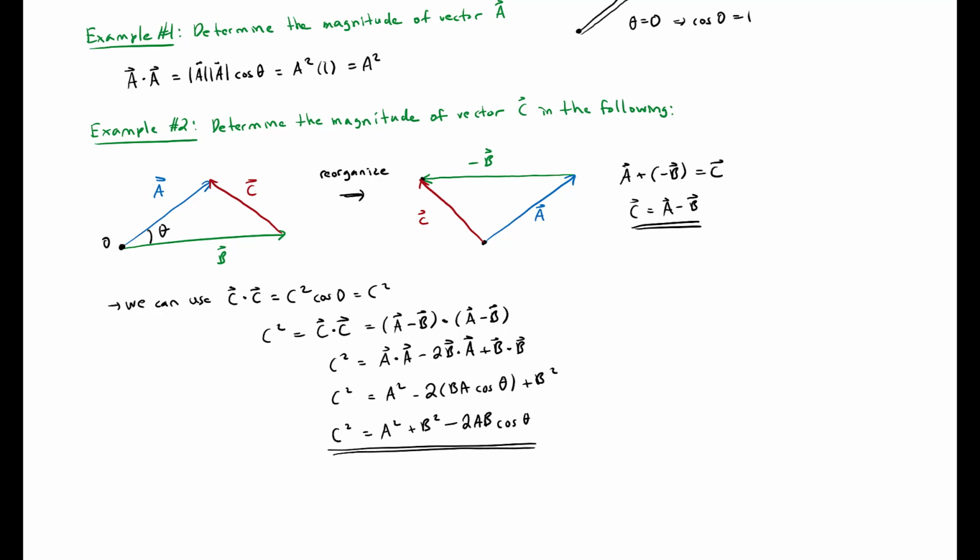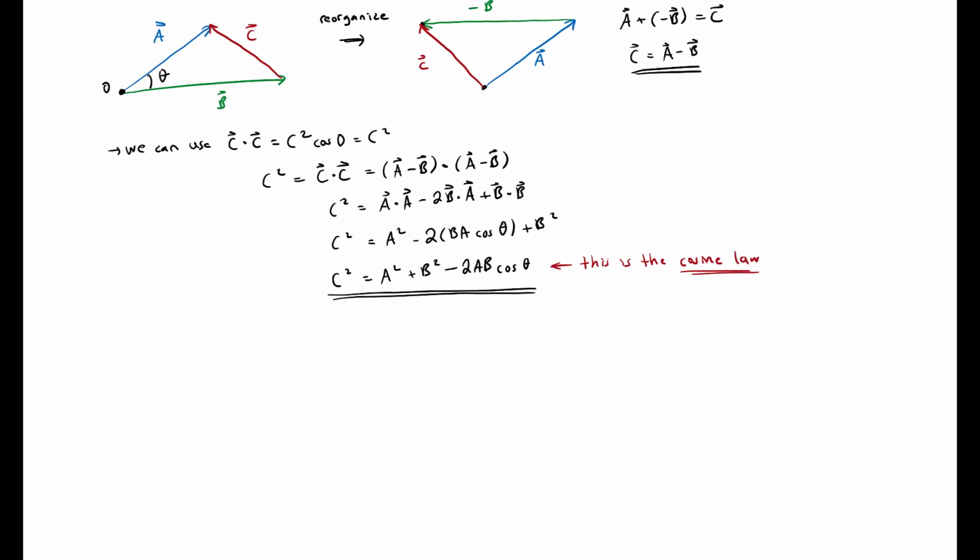And this is the cosine law. So we've just derived the cosine law, and you can see it's pretty simple if you understand how to use dot products and manipulate them.